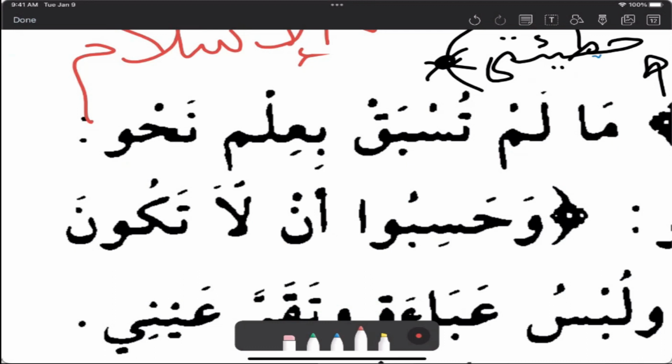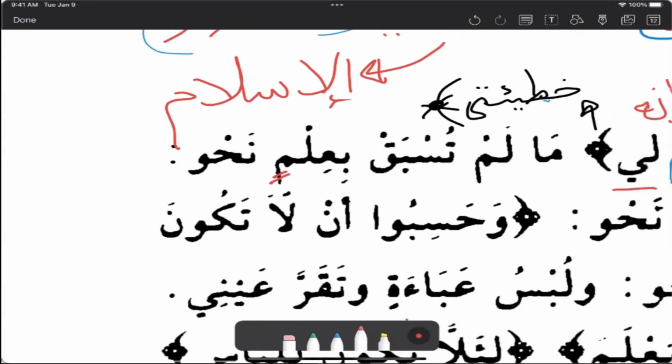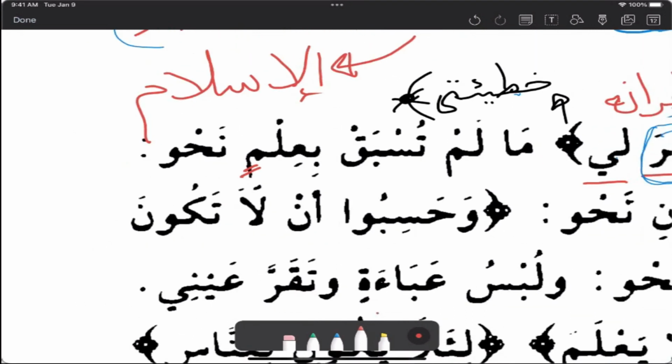Ma lam tuthbaqu bi'ilm. So this is the judgment of that an al-masdariyah that comes in front of the verb, as long as it's not preceded by what has the meaning of knowledge, not merely the word knowledge. ما لم تسبق بمعنى العلم.